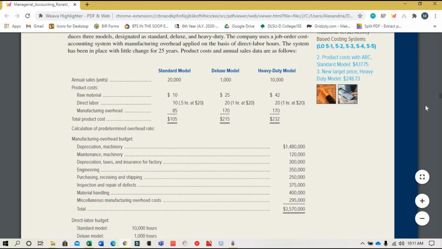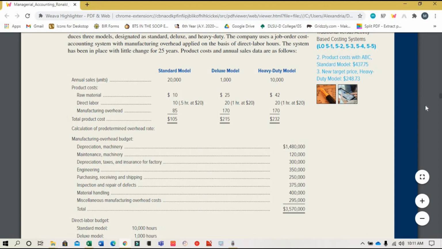Deluxe model, it is 20, which is 1 hour at $20. Heavy duty model, it is 20, which is 1 hour at $20. Manufacturing overhead for the standard model is 85. Deluxe model is 170, and heavy duty model is 170 as well. And the total product cost for the standard model is 105. For deluxe, it is 215, and for the heavy duty model, it is $232.